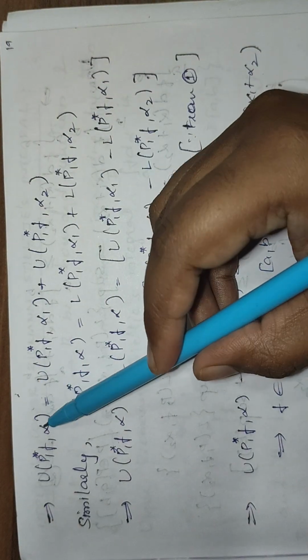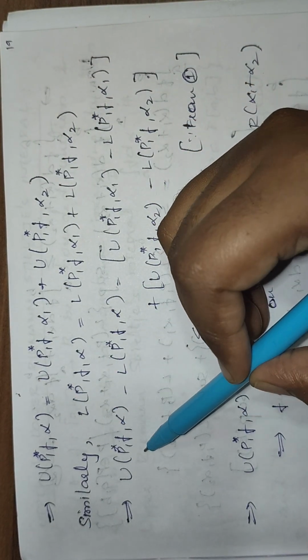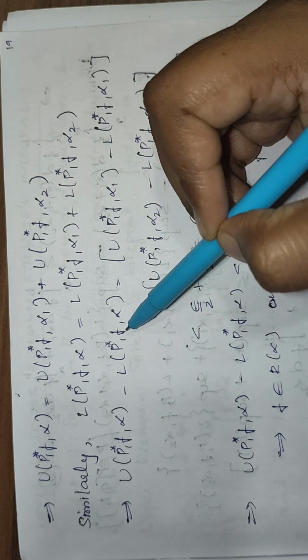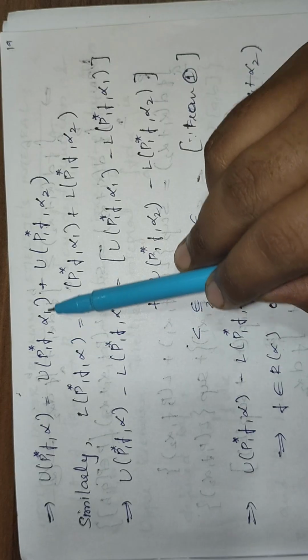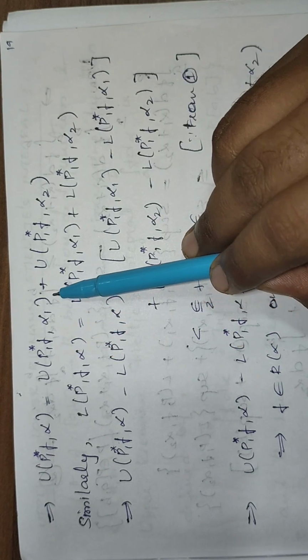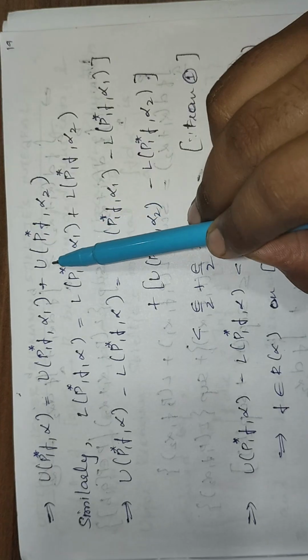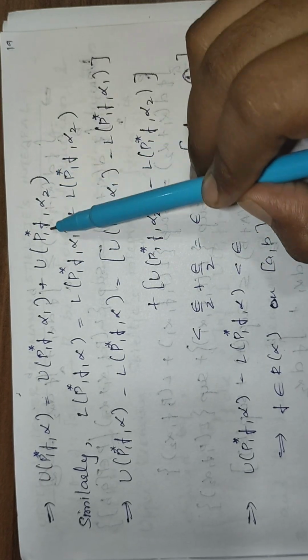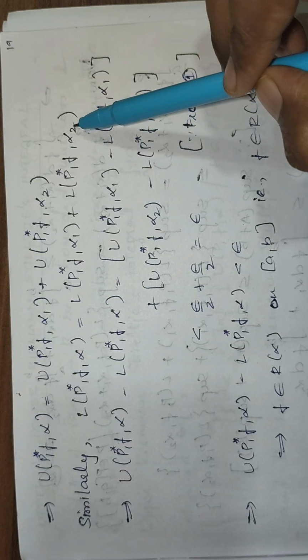So now subtracting these two equations, I have U of P star comma f comma alpha minus L of P star comma f comma alpha is equal to U of P star comma f comma alpha 1 minus L of P star comma f comma alpha 1 plus U of P star comma f comma alpha 2 minus L of P star comma f comma alpha 2.